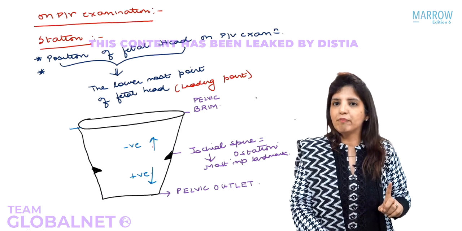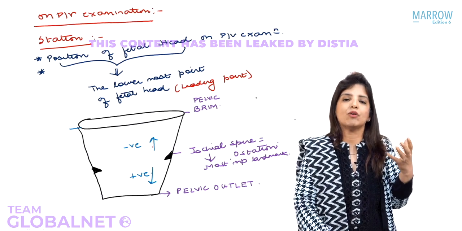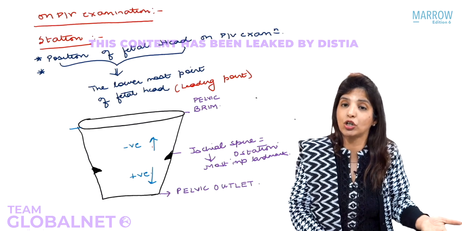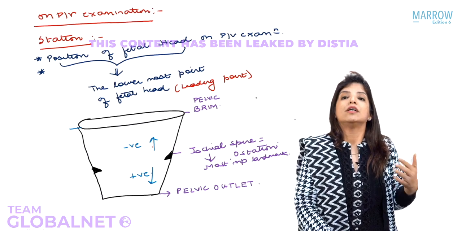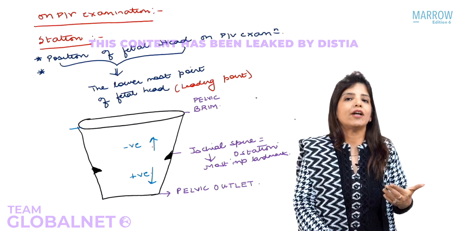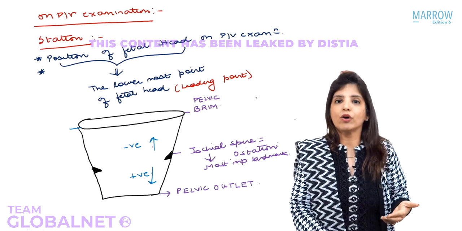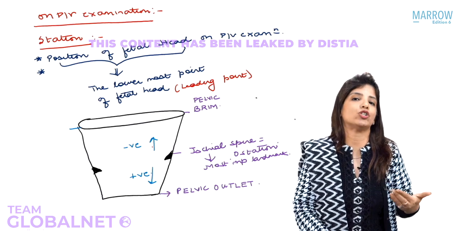Now please remember, on per-abdominal examination, the parameter which you were seeing whether engagement has occurred or not was when the biparietal diameter crossed the pelvic inlet. But when we are talking about the station of fetal head, we are not trying to see the biparietal diameter. When we are talking about the station of fetal head, we talk about the leading point of the fetal head.